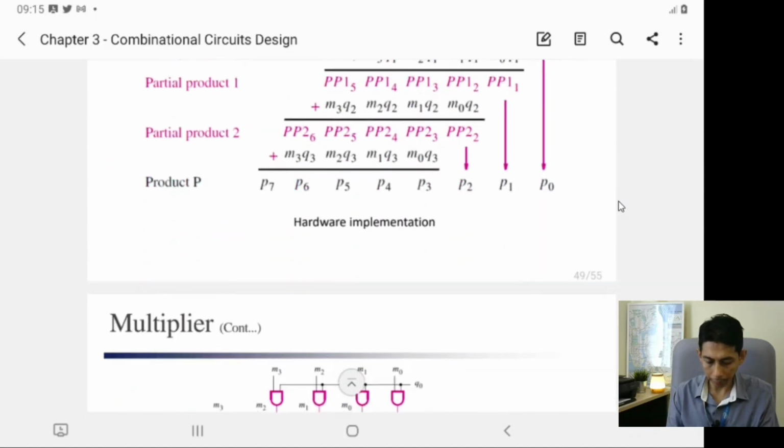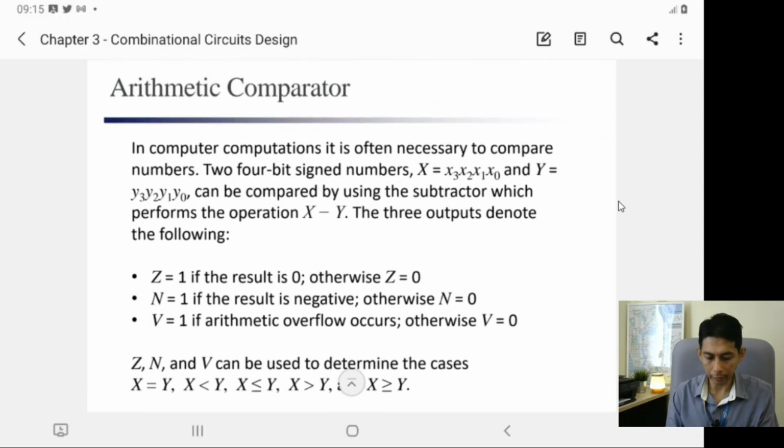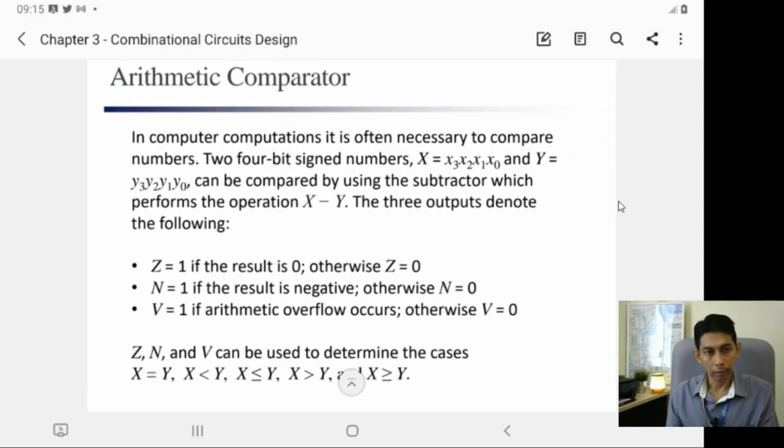Multiplier. Before multiplier, maybe I go to this first. Later we go back to multiplier, because this one, the arithmetic comparator, is related to the overflow or adder subtractor. So last week, we learned how to compare two numbers, and we can know whether a number is bigger than another.